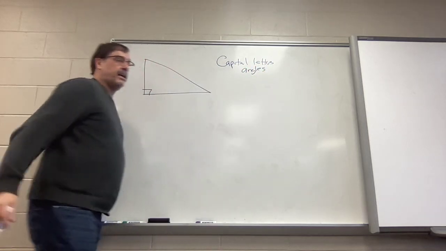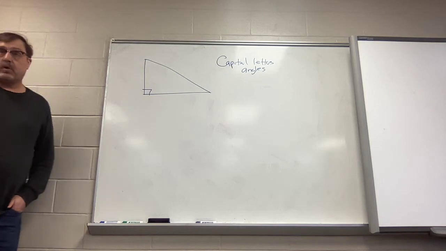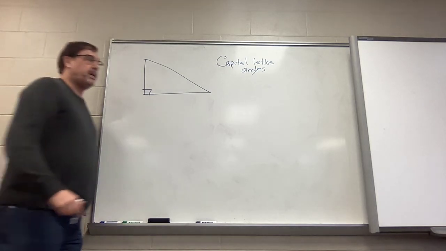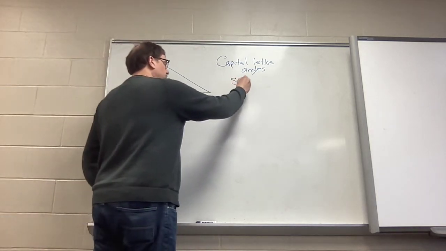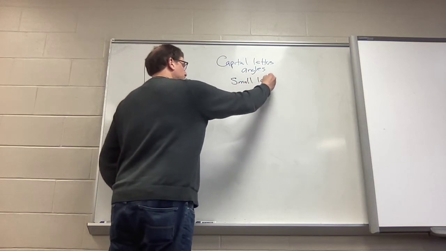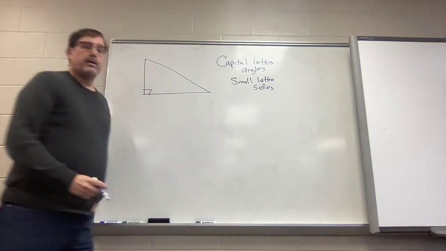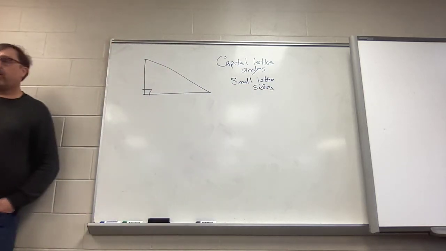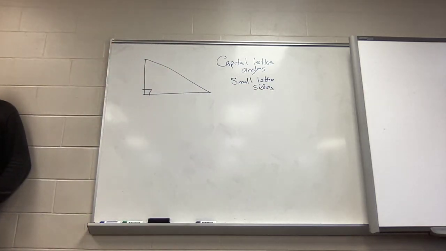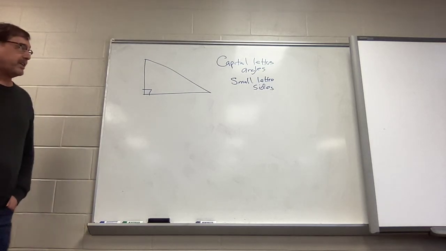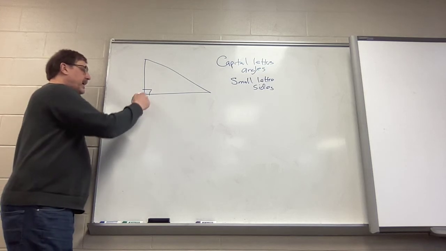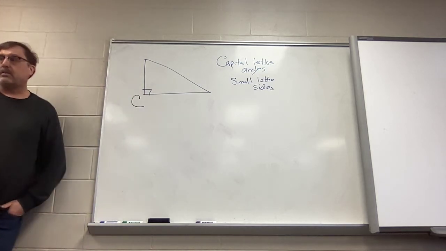We generally, and in this class we always, will have capital letters being the angles, small letters the sides. Very, very often we're going to use angles A, B, and C, and almost always, especially at the beginning, angle C is going to be the 90-degree angle.